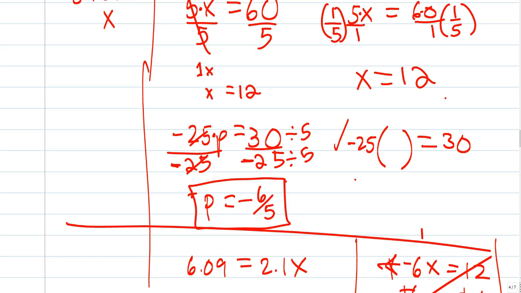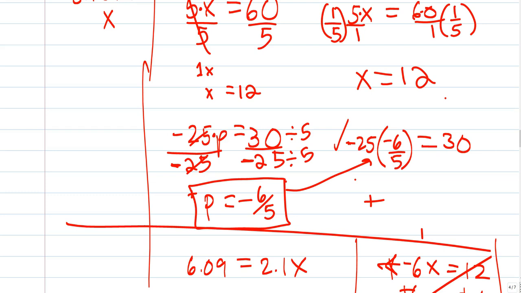Is it right? Well, let's check. Let's take that negative 6/5 and put it in place of the p. Here's what I know. A negative times a negative is a positive. I also don't want to do 25 times 6. I can do 25 times 6, get 150 divided by 5 and get the answer.